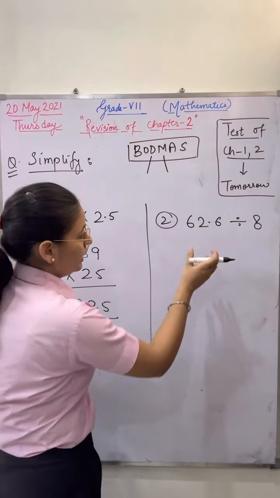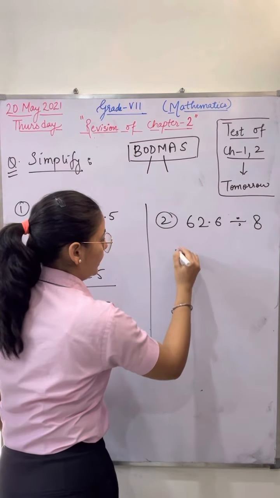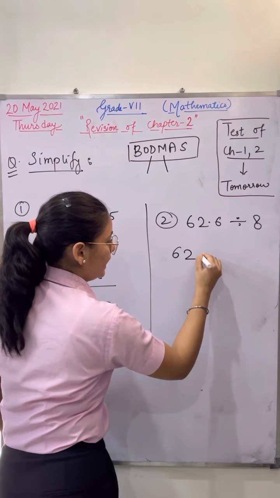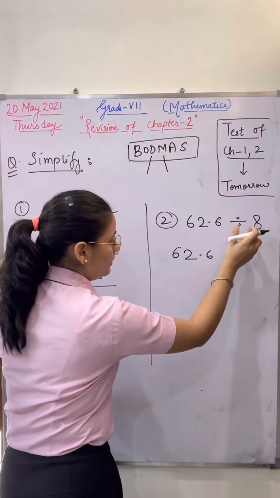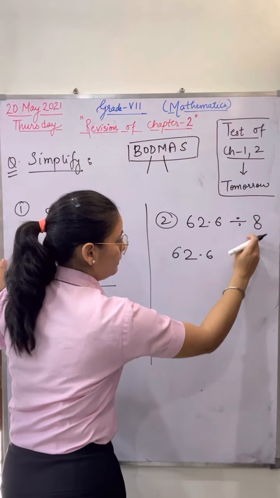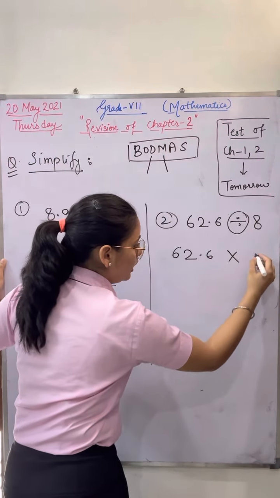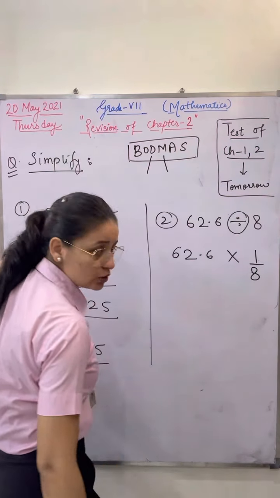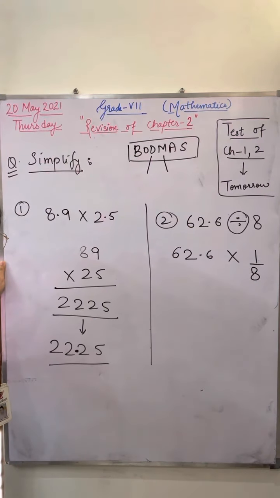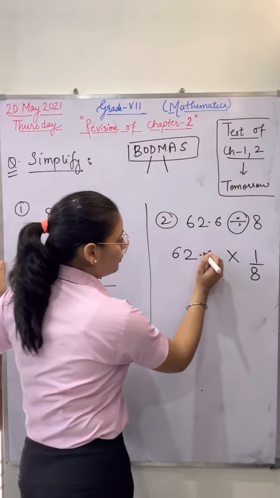Okay, ma'am. Now you have to write it in this way: 62.6 divided by 8. Dividing by 8 means I am going to remove the division sign and write multiply here. 8 will be 1 by 8. Okay. Now remove the decimal.